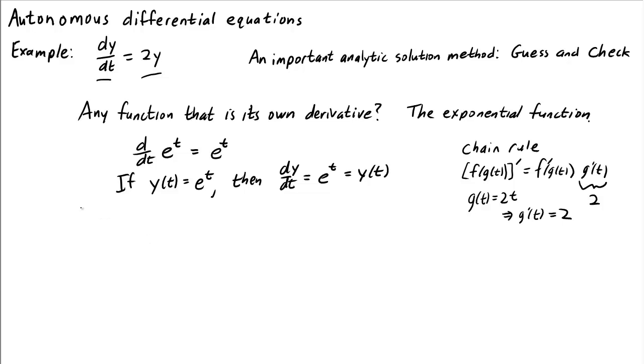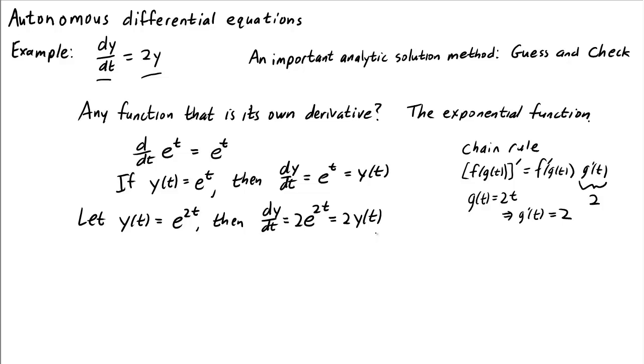Let's try it. Let's let y of t equal e to the 2t, then dy dt is 2 e to the 2t, using the chain rule. Well, this is exactly 2 times the function y of t that we started with, because it's 2 times e to the 2t.